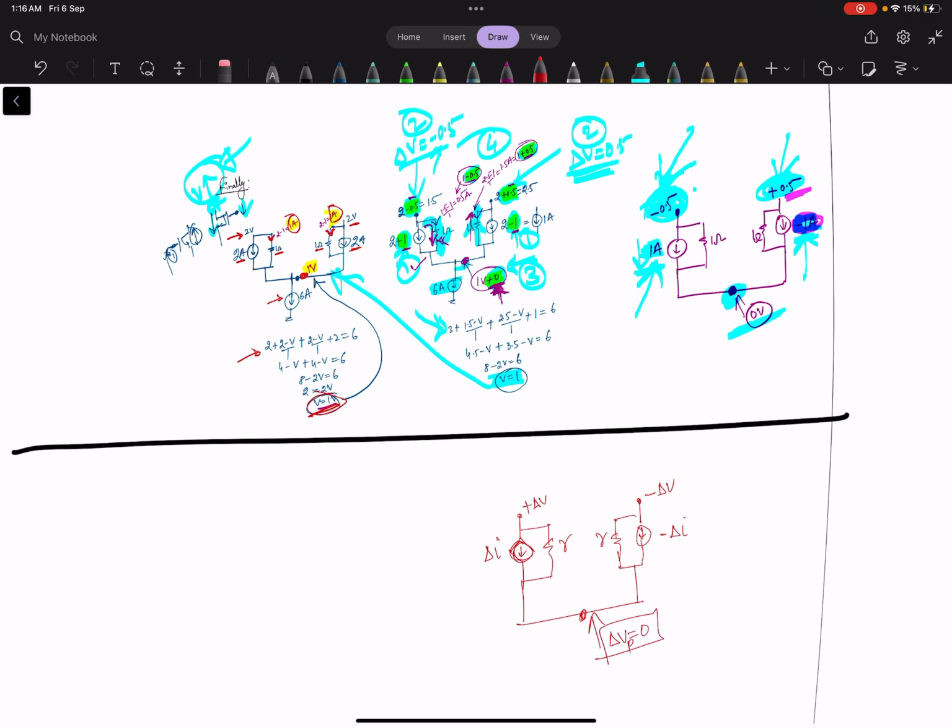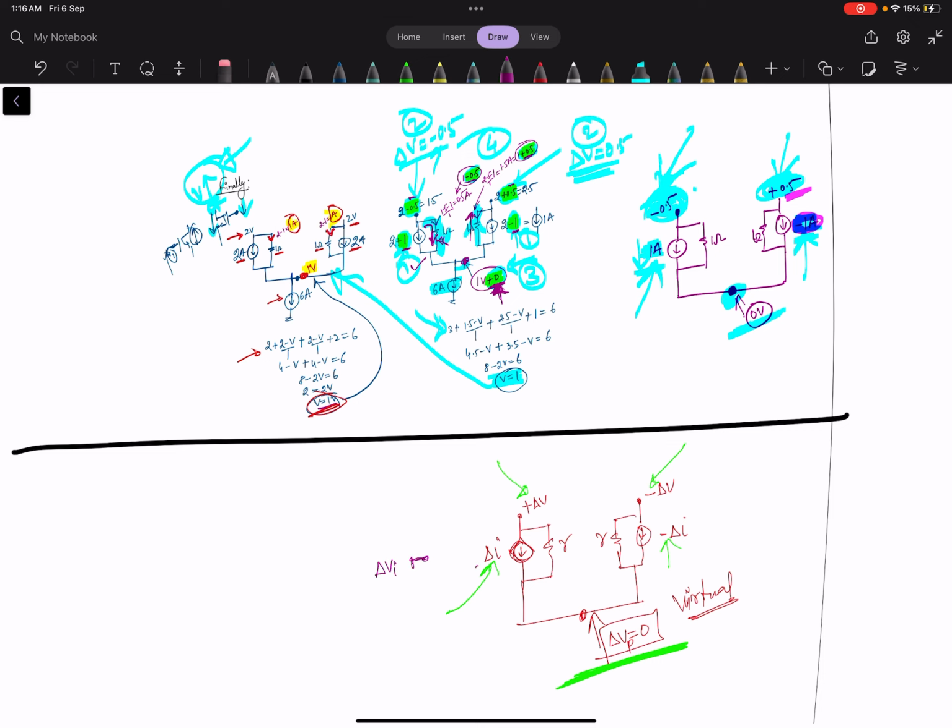So this is the virtual ground. The only thing you have to understand is that if this is delta I, then this is minus delta I, and if this is delta V, then this is minus delta V; only then will this be virtual ground.